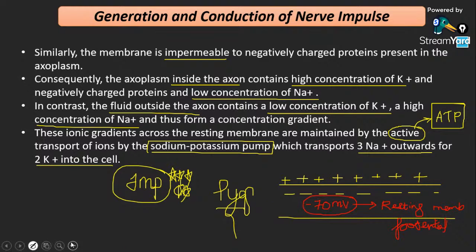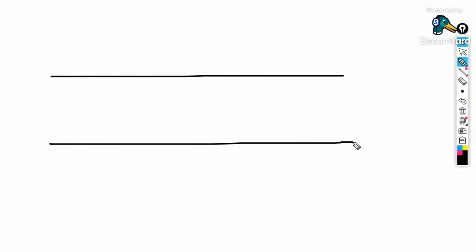So just imagine, again I am drawing, the pump has already worked, so just imagine the signal has reached minus 70 millivolt. So at the time of minus 70 millivolt a signal is created.